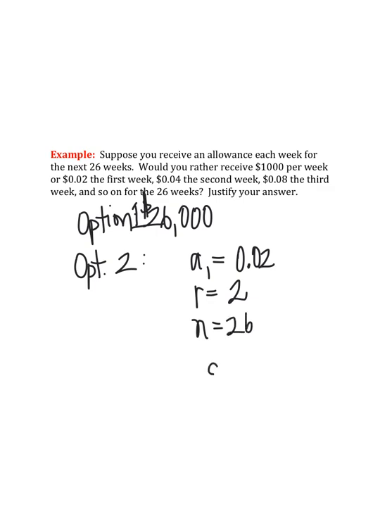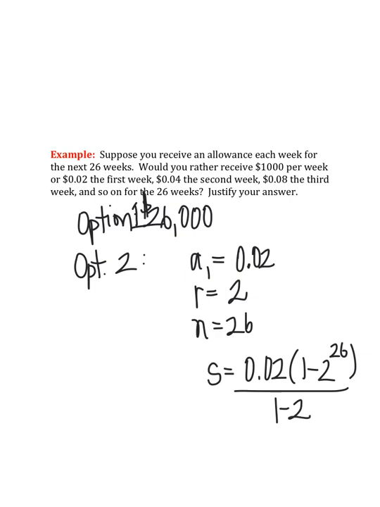So if I substitute this all into my formula, to 26, all divided by 1 minus 2. It turns out that I will have an astronomical amount of money.